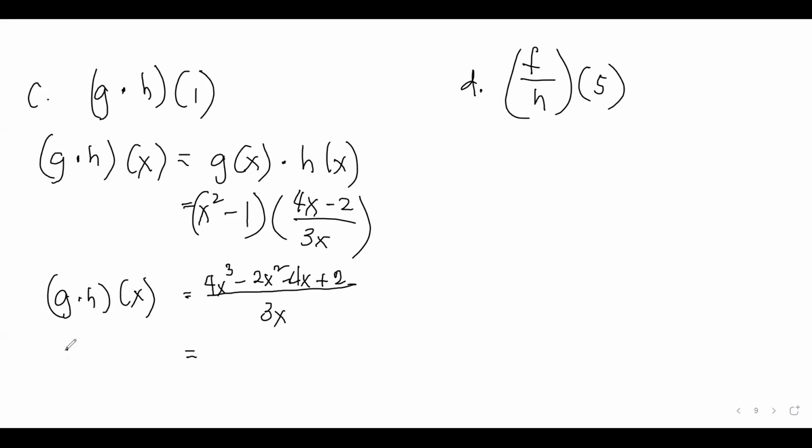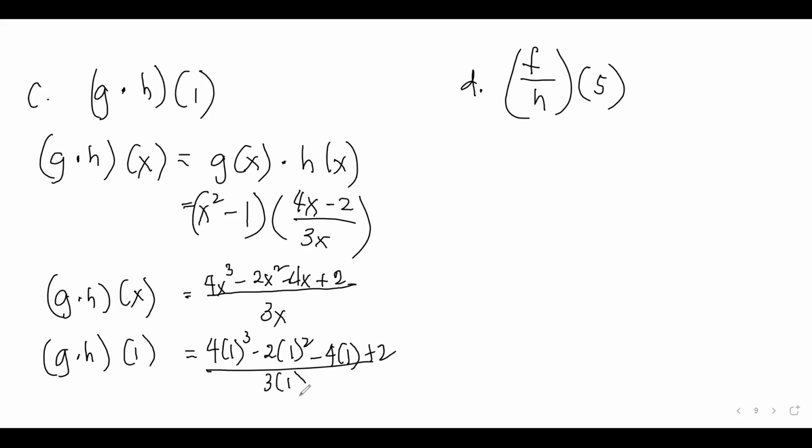Then substitute 1 kasi ang hinahanap is g times h of 1. So, 4 times 1 cubed minus 2 times 1 squared minus 4 times 1 plus 2 over 3 times 1.